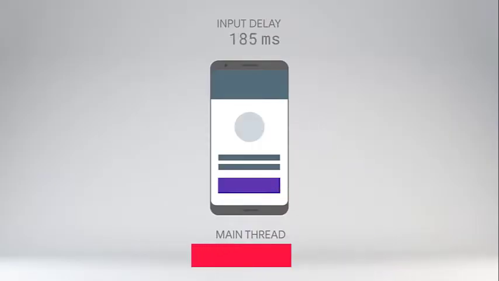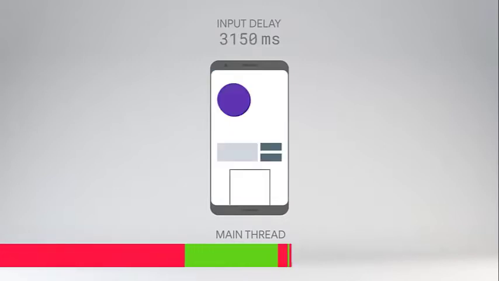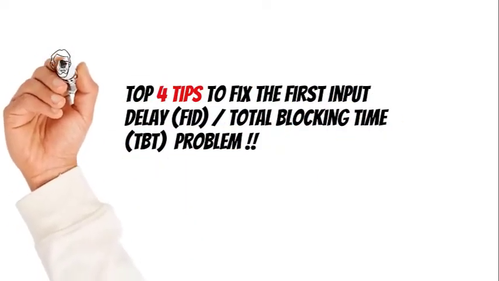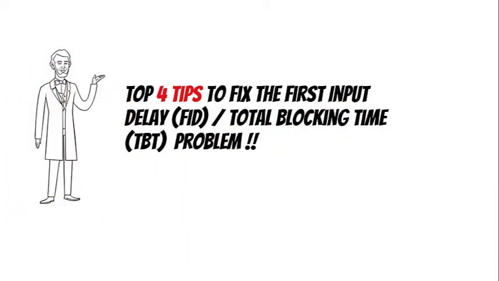This is the visual of bad FID, which is being caused by the main thread, which took a huge time in responding to the action of a visitor. Good FID means the browser should react to the user action swiftly. Main thread size should be smaller for this. Let's have a look at the top 4 tips to fix the FID problems.